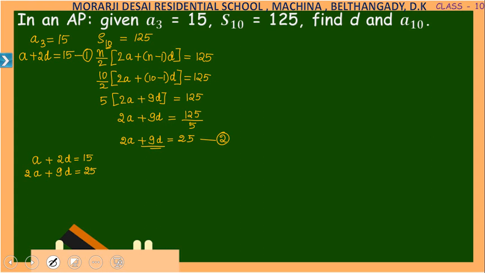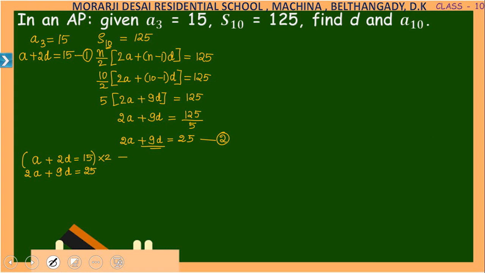Now we have to equate the coefficients. Look at the coefficient of a. Coefficient of a is 1 in the first equation. Coefficient of a is 2 in the second equation. So I will equate the coefficient of a, so I will multiply the first equation by 2.